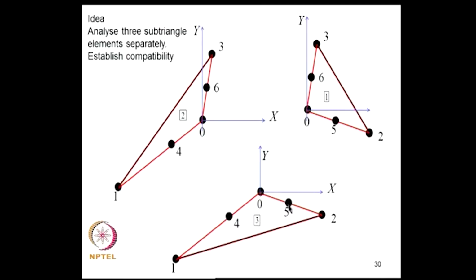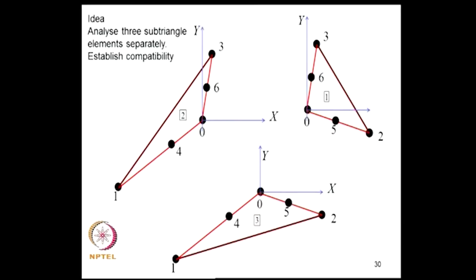Similarly, the normal slope at 5 matches for elements 1 and 3, and the normal slope at 6 matches for elements 1 and 2. So those 18 equations we will derive and eliminate from the 27 degrees of freedom, and get 9 by 9 stiffness and mass matrices.